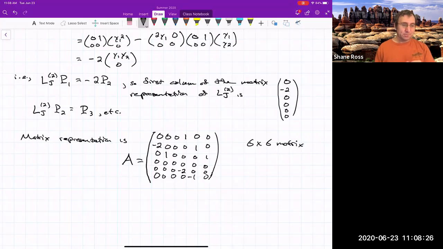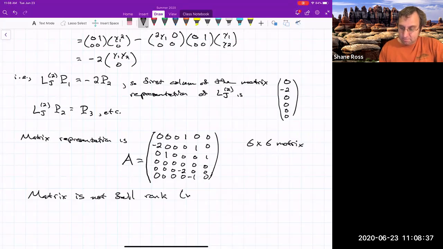All right, so this matrix is not full rank. So it has no inverse. How do we know it's not full rank? Notice the third column is all zeros. So that knocks that out.